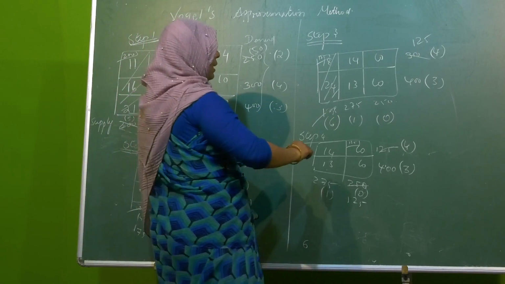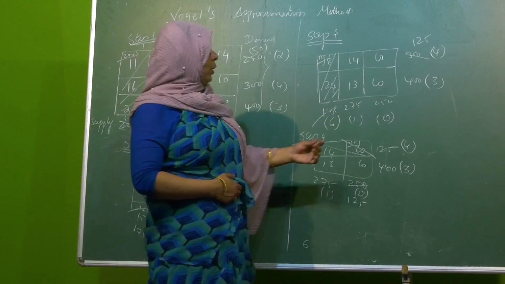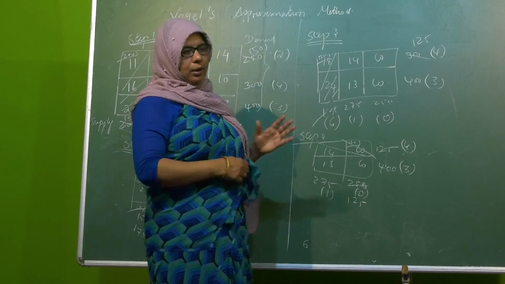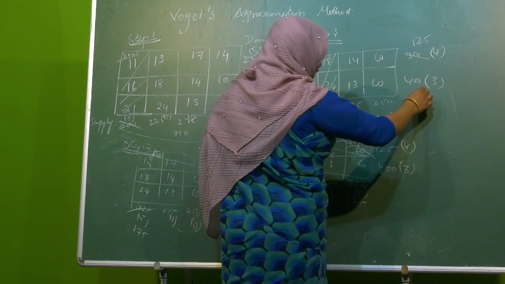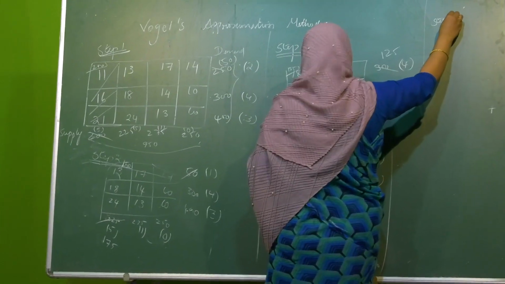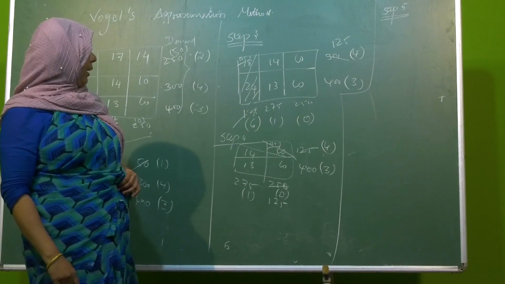Now we have to vanish the first row. Why? The 125 is to be vanished. So that's why the first row is deleted. Now move on to step 5.